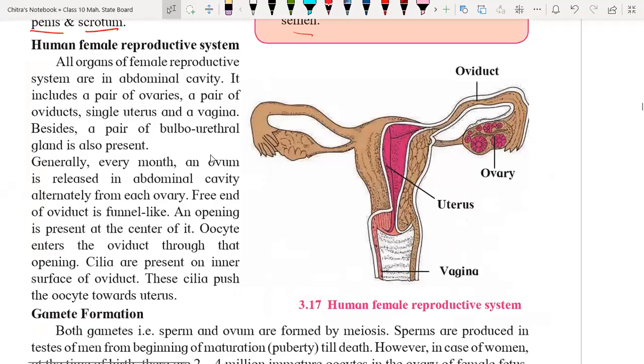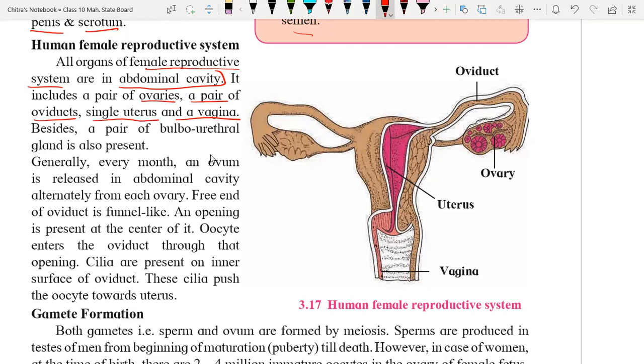Human female reproductive system. All the organs of the female reproductive system are in the abdominal cavity. It includes a pair of ovaries, a pair of oviducts, a single uterus, and the vagina. These are the main parts of the female reproductive system and they are present in the abdominal cavity only.